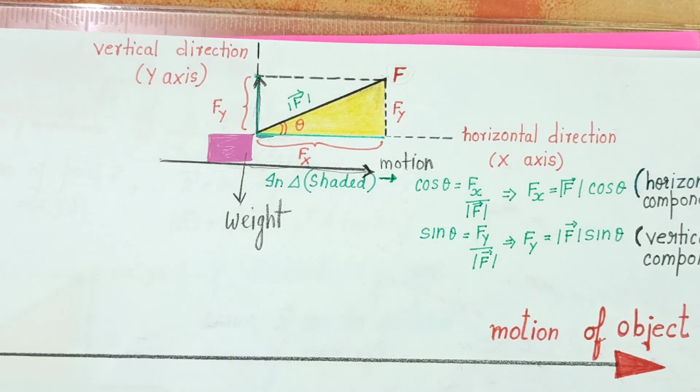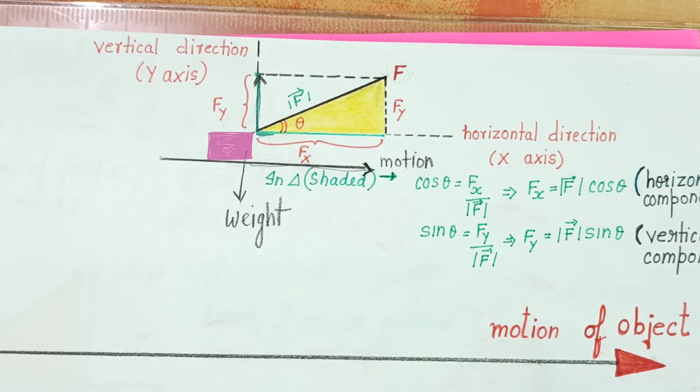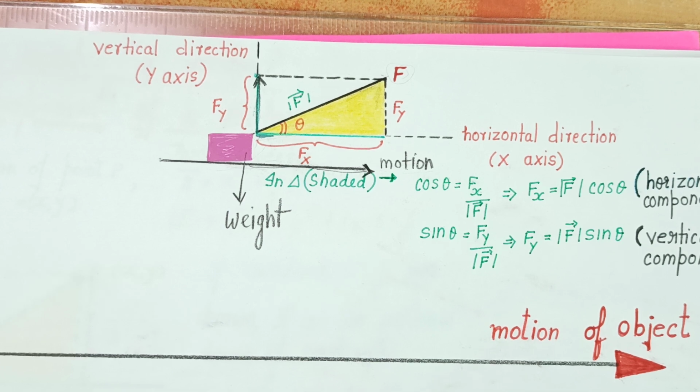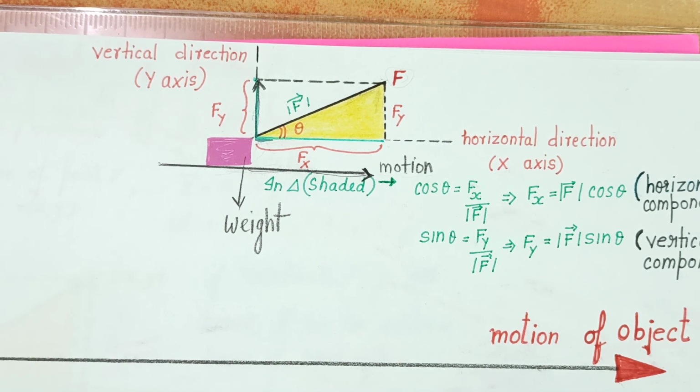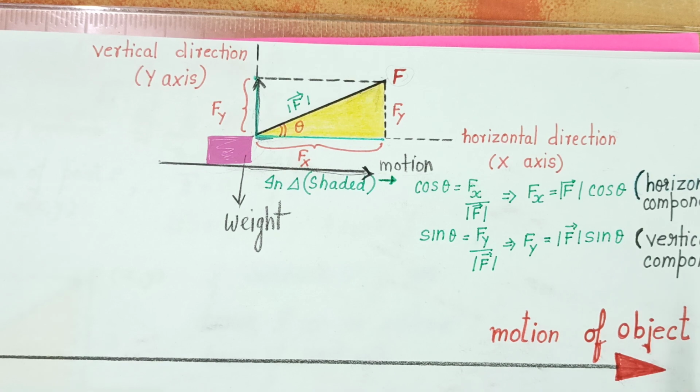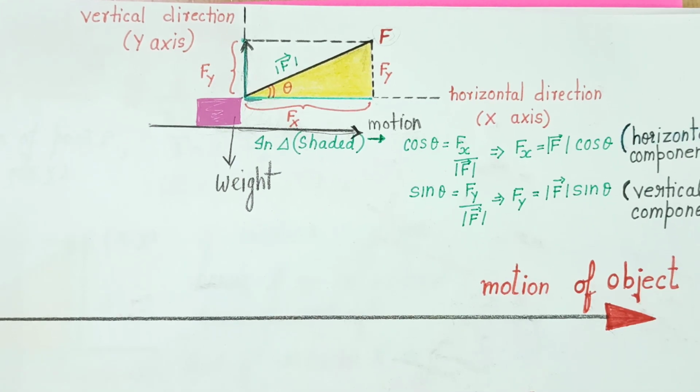Now tell me, I am not saying that you will be exactly clear about the concept of components, but are you able to feel the concept of component a little? That a vector quantity has its effect in other directions also, and that effect is represented by a name called component, right?